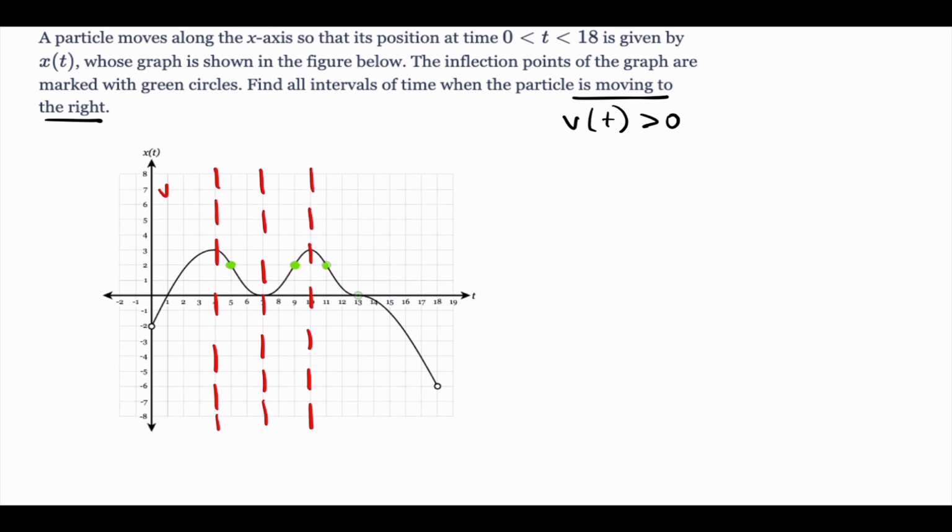So velocity is positive here. Velocity is negative here. Velocity is positive here. And velocity is negative here. Right? What we just did was the first derivative test.